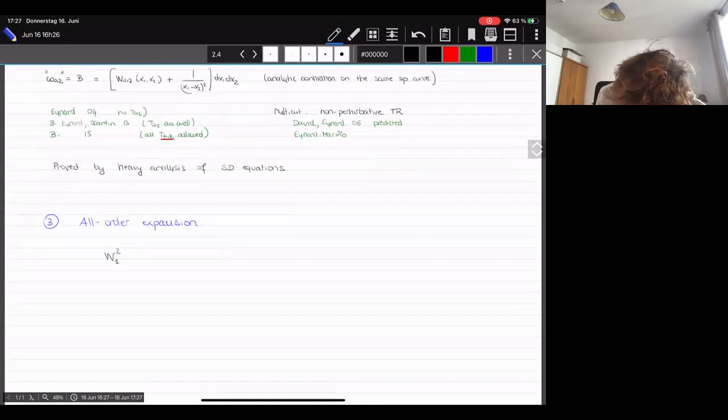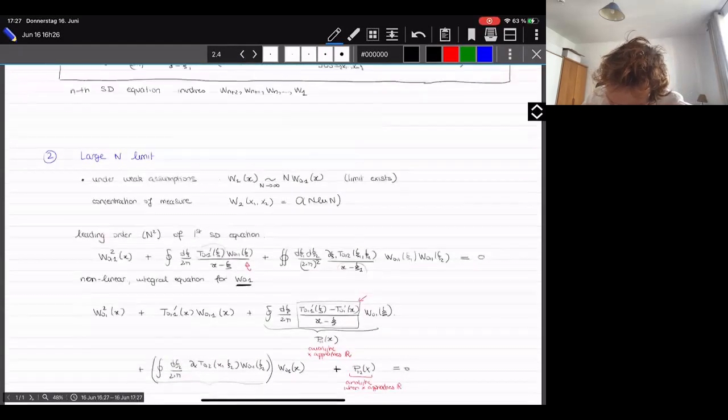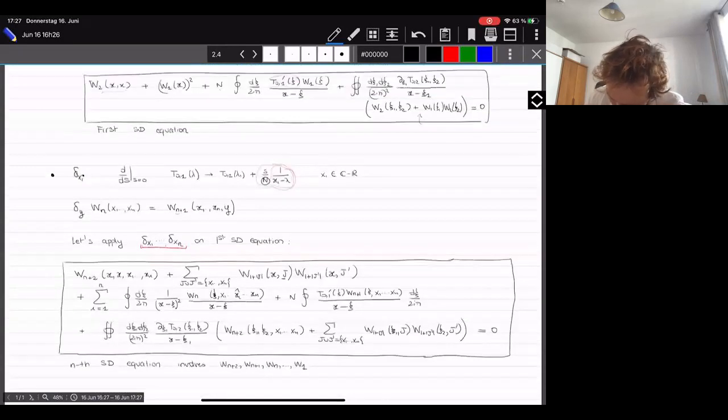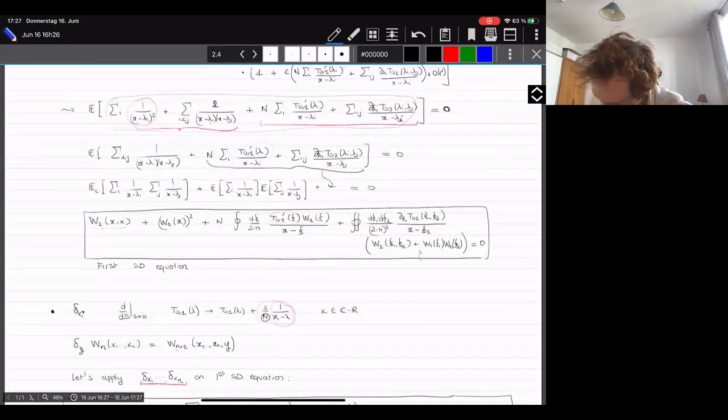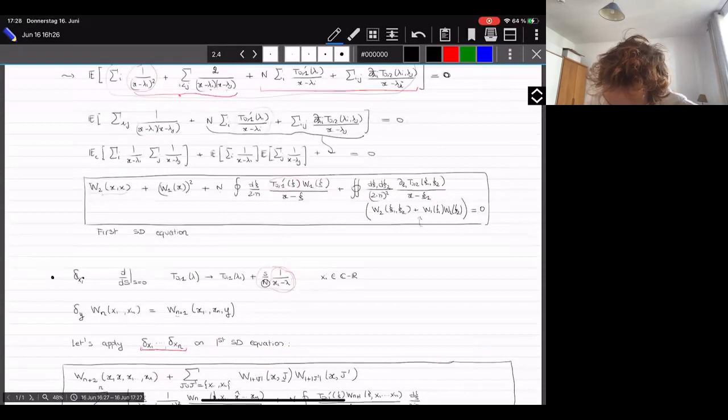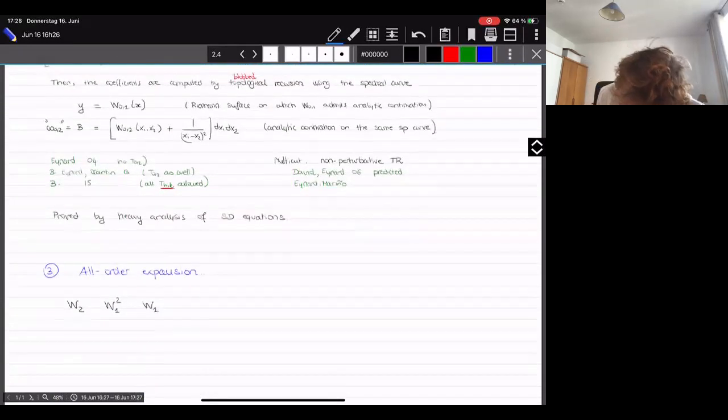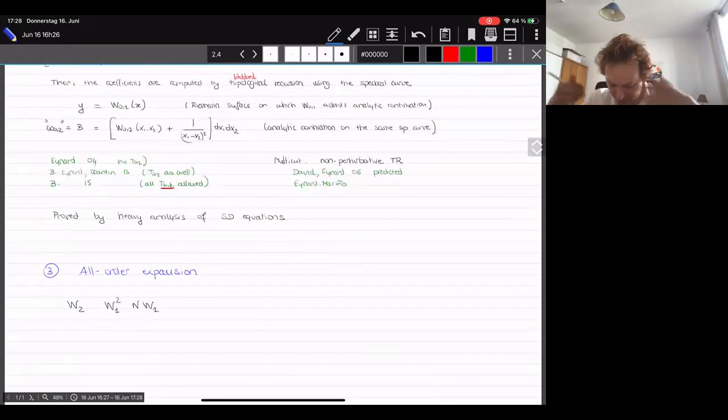There was a W1 squared, there was a W2 for the first Schwinger-Dyson equation, and some W1 term. I'm also going to remember which factors of N were here. So in front of this one, I had an N. And of course, it's not just those, it's those with operators acting on them, for example these contour integrals against T01, T02, and so on.